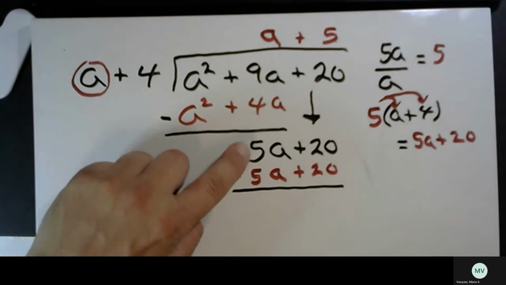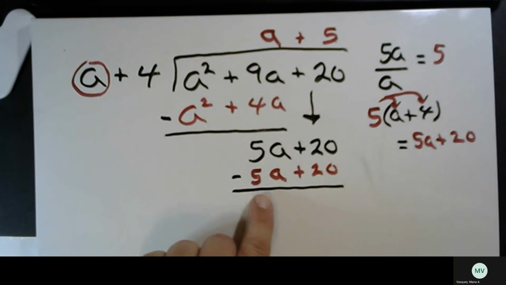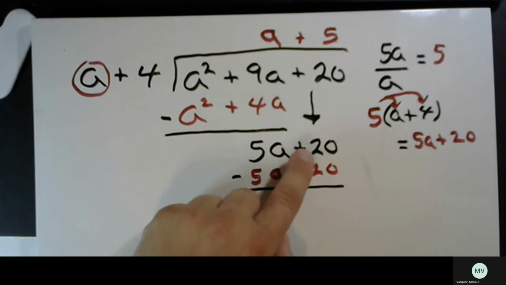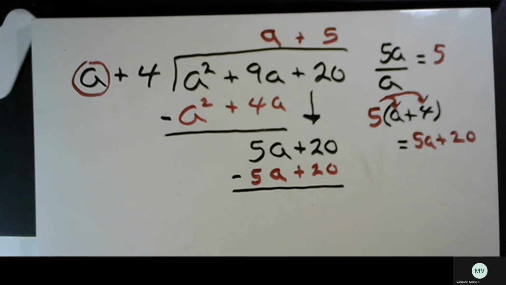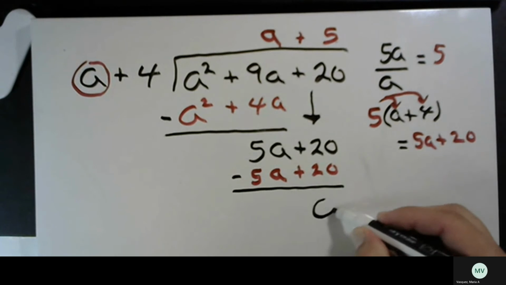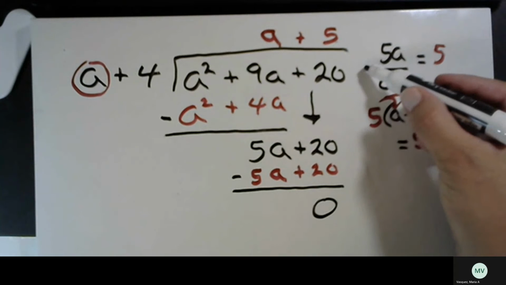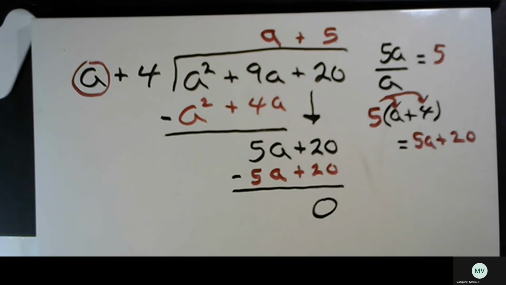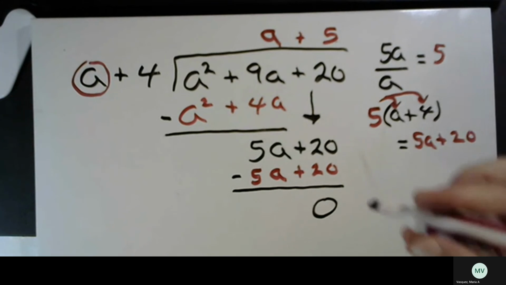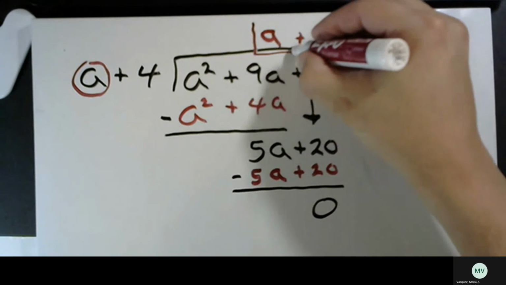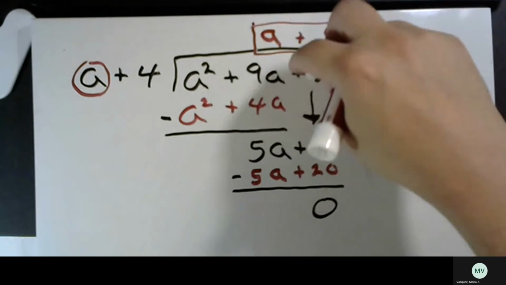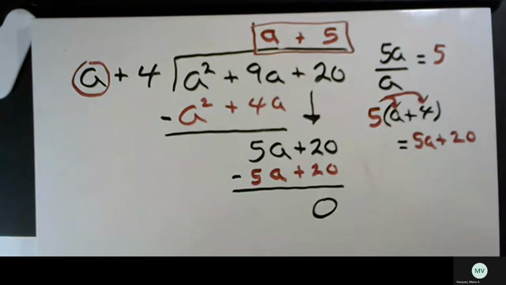And again, we're going to get 5a minus 5a, 20 minus 20. Well, that's all going to be 0. And if we look up here, there aren't any more terms to bring down. So we're done. So the answer is going to be a plus 5.